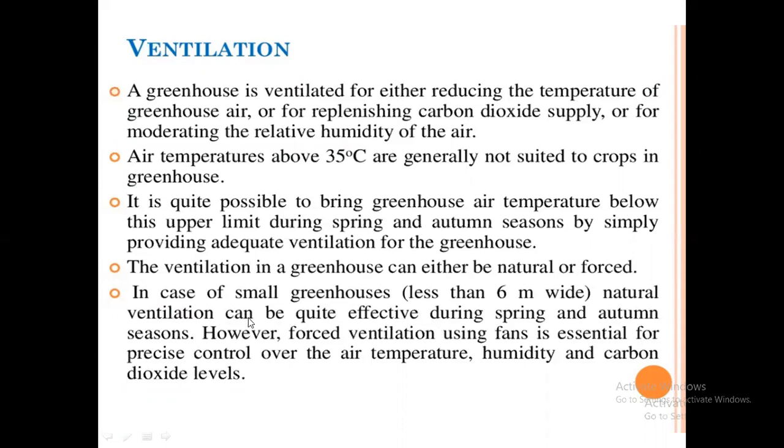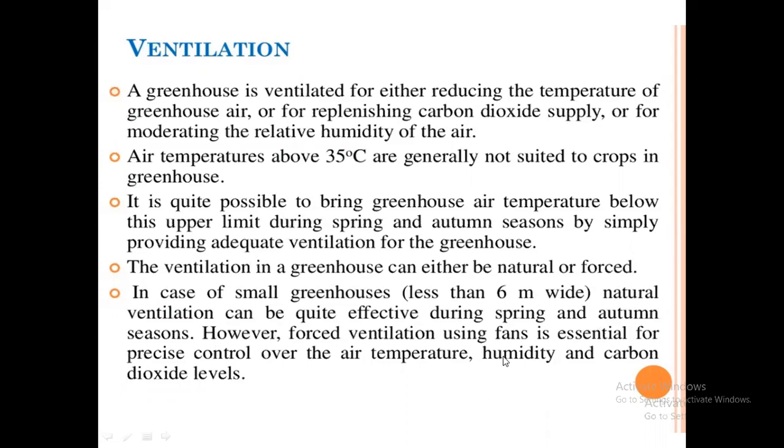However, the forced ventilation system, with blowers and exhaust fans, is essential for precise control of the temperature, relative humidity, and carbon dioxide levels. To maintain these three parameters, ventilation control is useful.